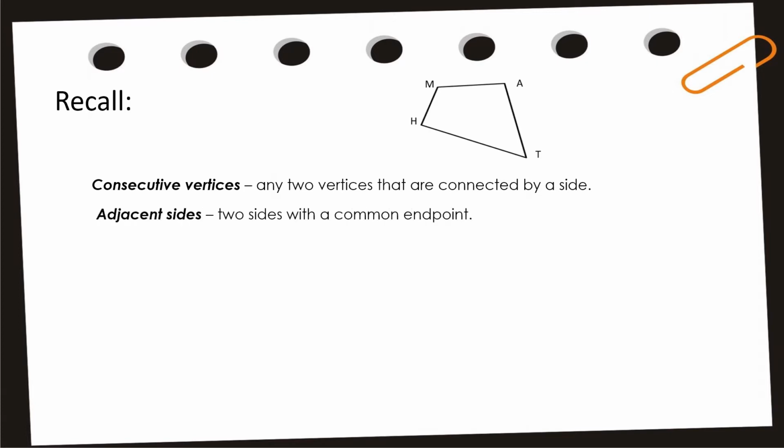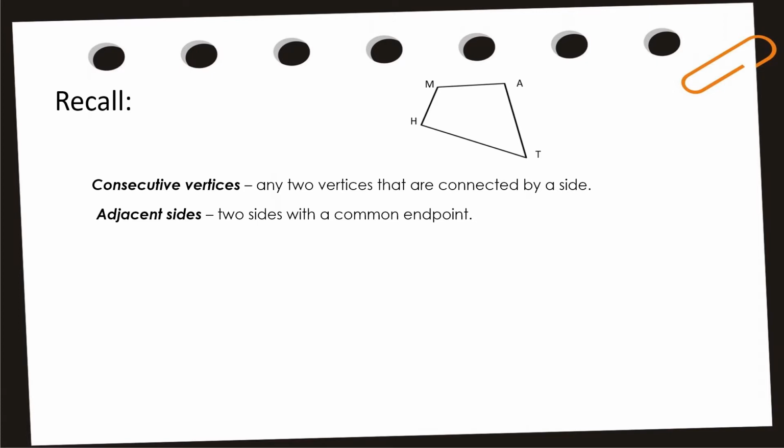Another term, we have adjacent sides. Adjacent sides are two sides with a common endpoint. So from the given figure, let us identify two adjacent sides. Side MA and side AT are two adjacent sides.